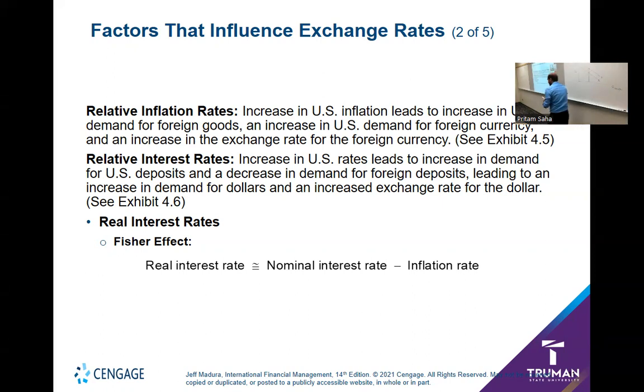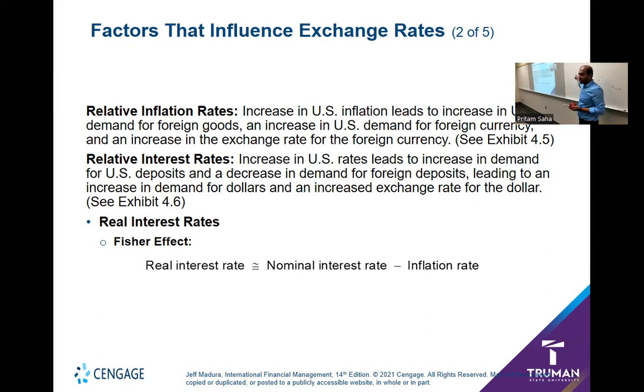But the main implication is, when there is more inflation in your home country, you will demand more foreign goods. Okay, and that is a direct impact of the spot rate going up. When there is less inflation in your home country, what's going to happen? You will demand fewer foreign goods. Spot rate is going to go down, right?